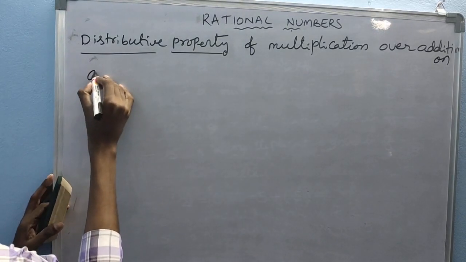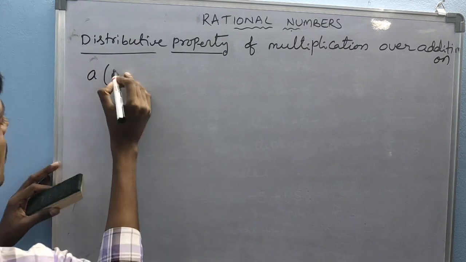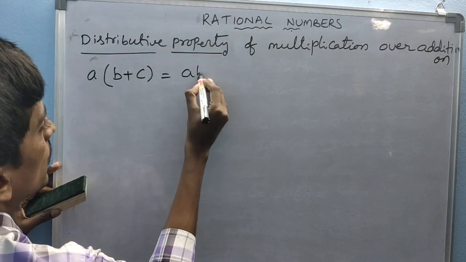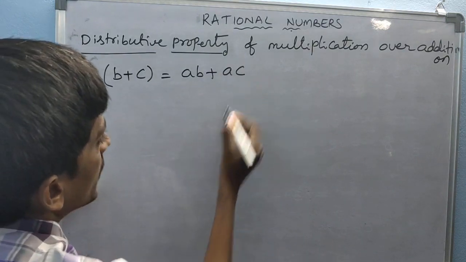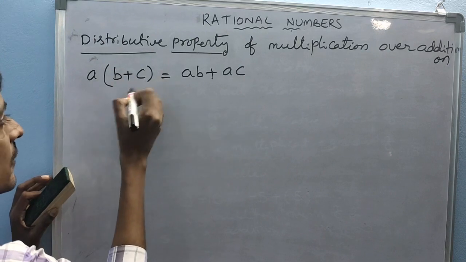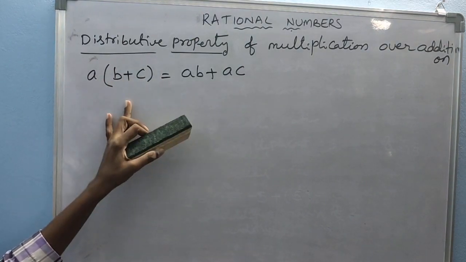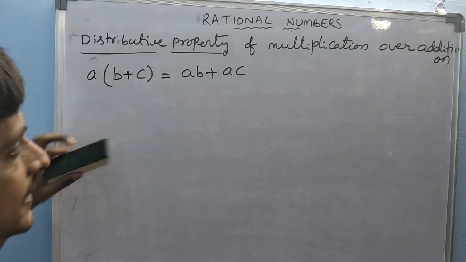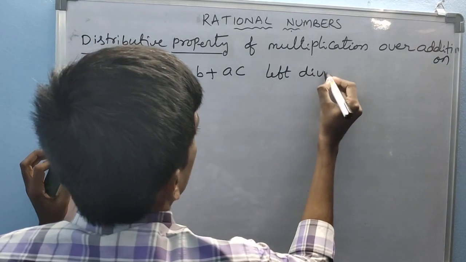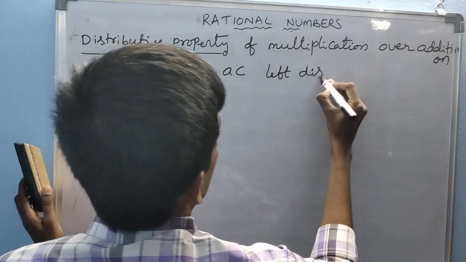First, A into B plus C equals A into B plus A into C. Here A is on the left side of the bracket, so this is the left distributive property.